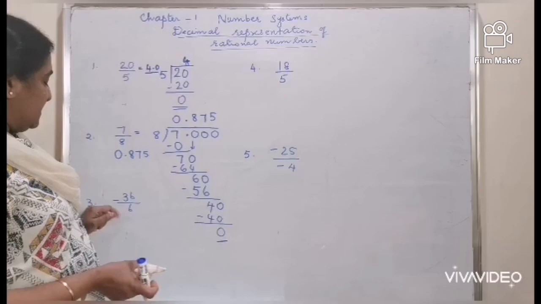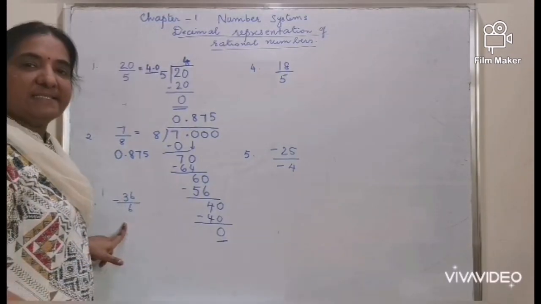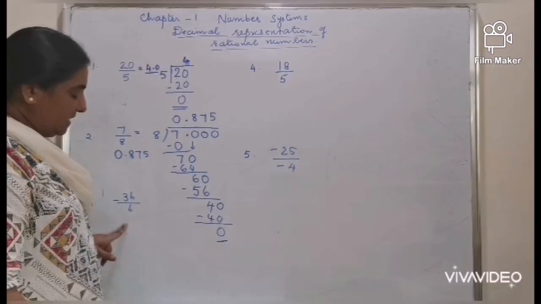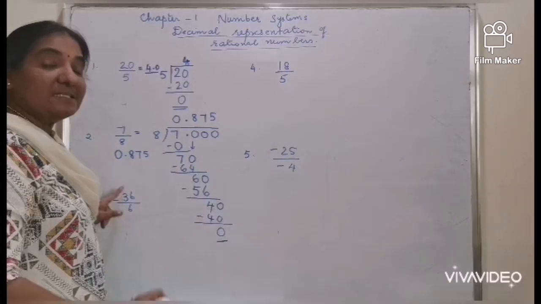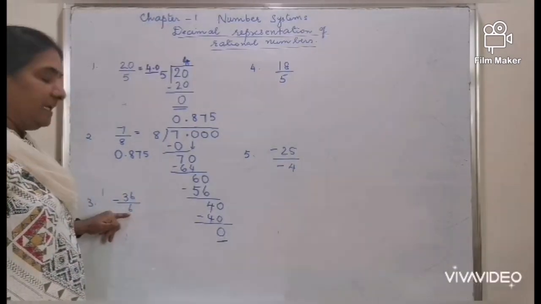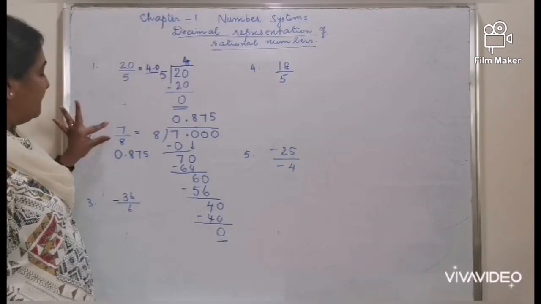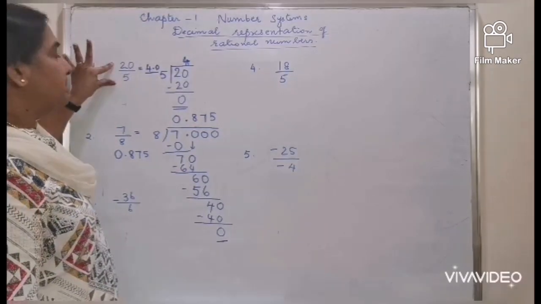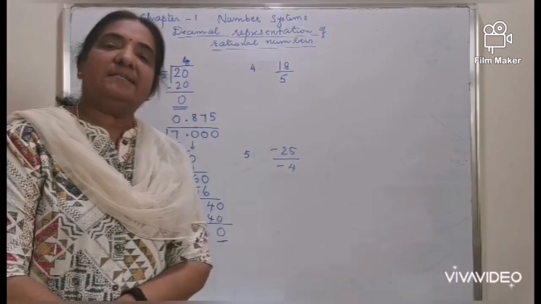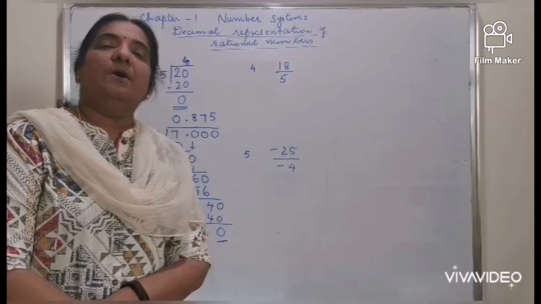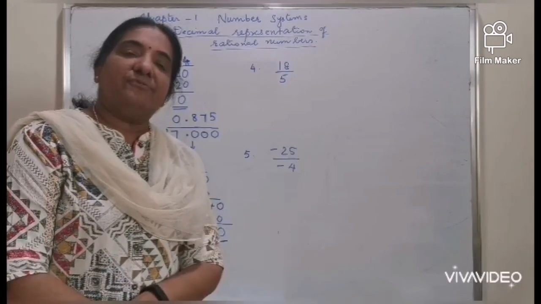When you look into the rational number minus 36 by 6, you can see the numerator is minus 36 and the denominator is 6. Whereas here you can see both the numerator and denominator are only positive numbers.